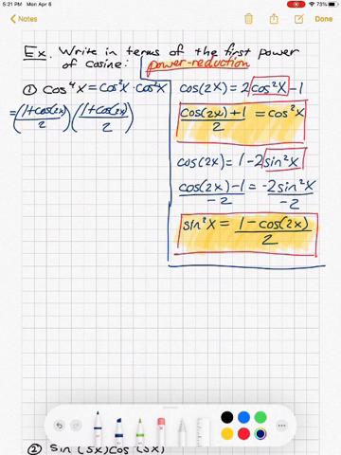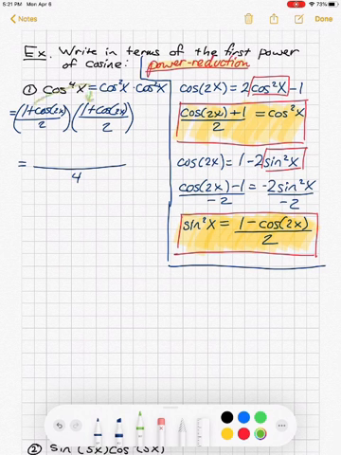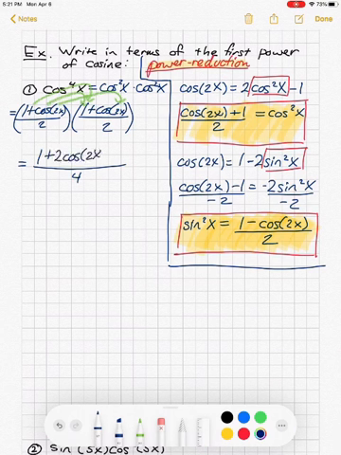Okay, so let me do some algebra. I'm going to have a 4 on the bottom. This is a FOIL, right? It's 1, plus a cosine of 2x plus another cosine of 2x, plus 2 cosines of 2x, and then plus a cosine squared of 2x.